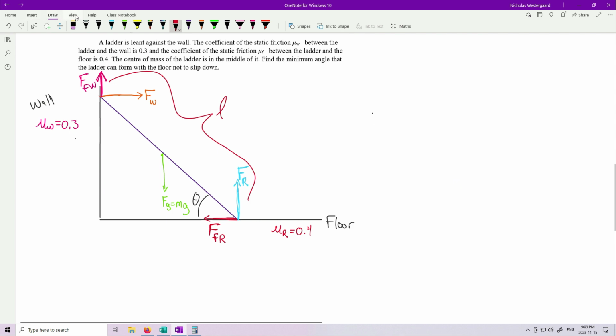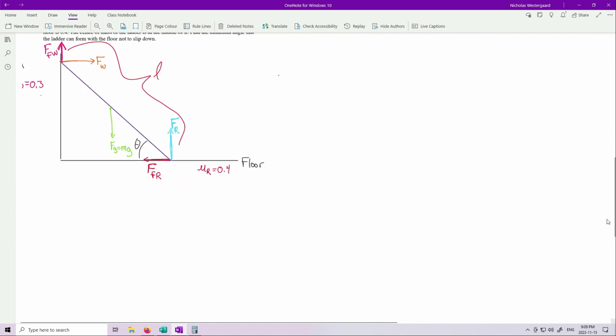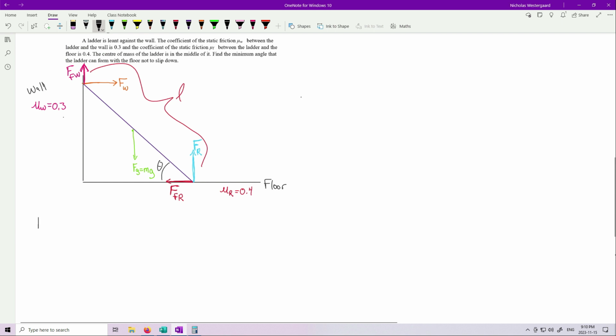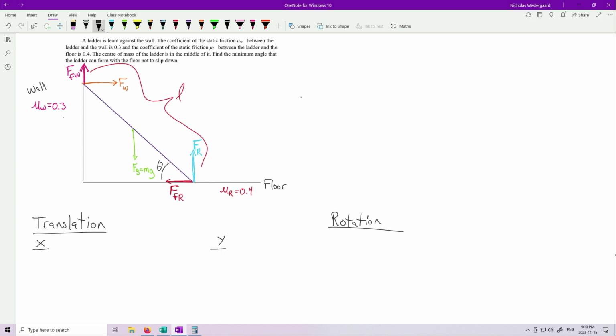What I'm going to do is give myself a little more space, and set up my two equilibrium conditions, my translation and my rotation equilibrium conditions. Translation over here, rotation over here. Set up X, set up Y. F net X is equal to, what's going in X?